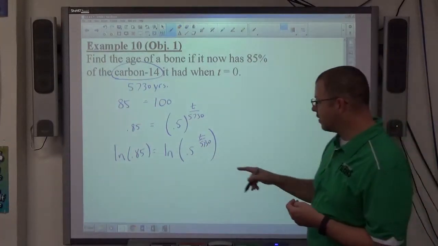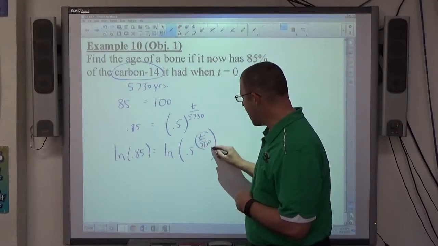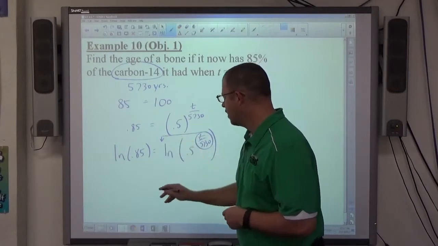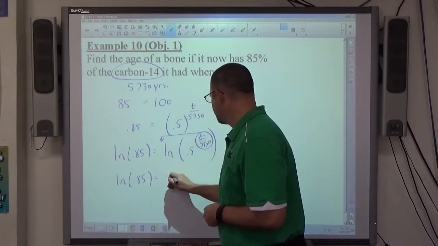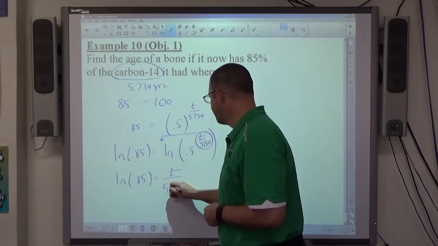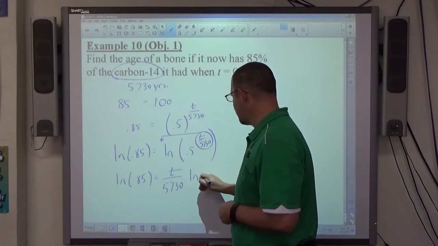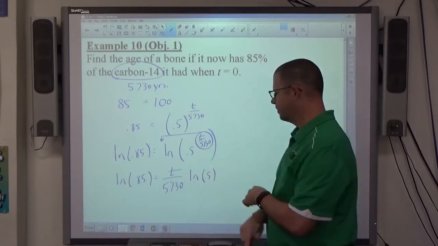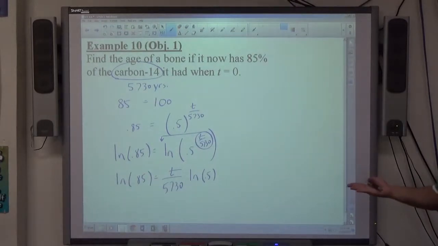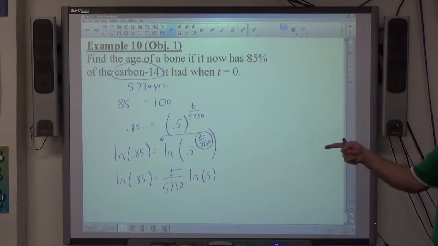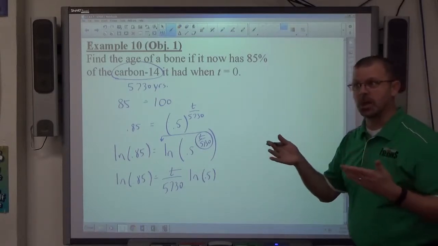And as always, if I have a log of an exponential expression, the power can be pulled out in front. So I end up with ln of 0.85 equals t over 5,730 times ln of 0.5. And our task is to find out what t equals. I have to divide by ln of 0.5 and multiply by 5,730. I can do it in several steps or one step.